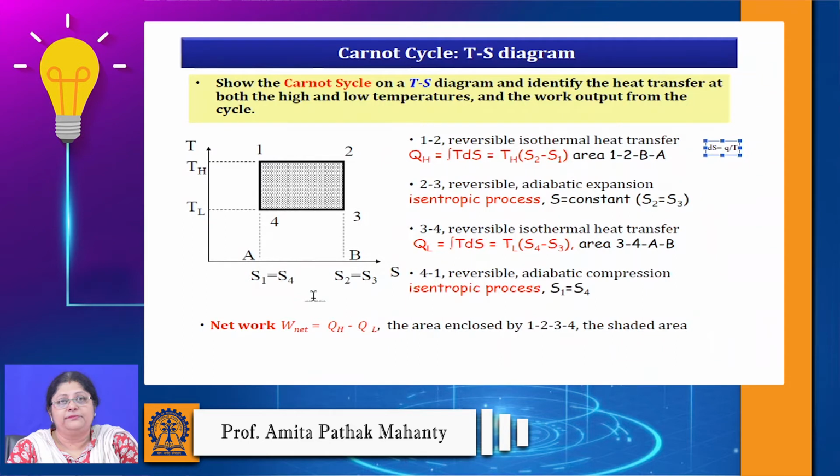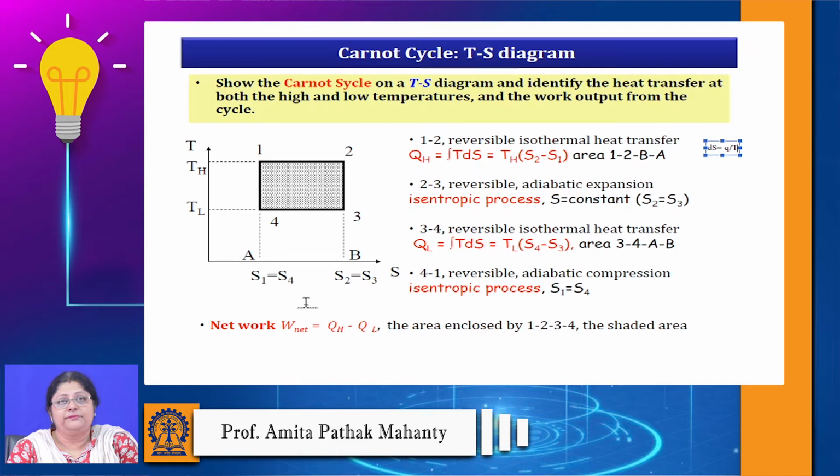Now going to the isothermal heat transfer step again. Here you have the reversible isothermal compression. Here the system transferred some amount of heat to the surrounding, which we had called QL or QC.